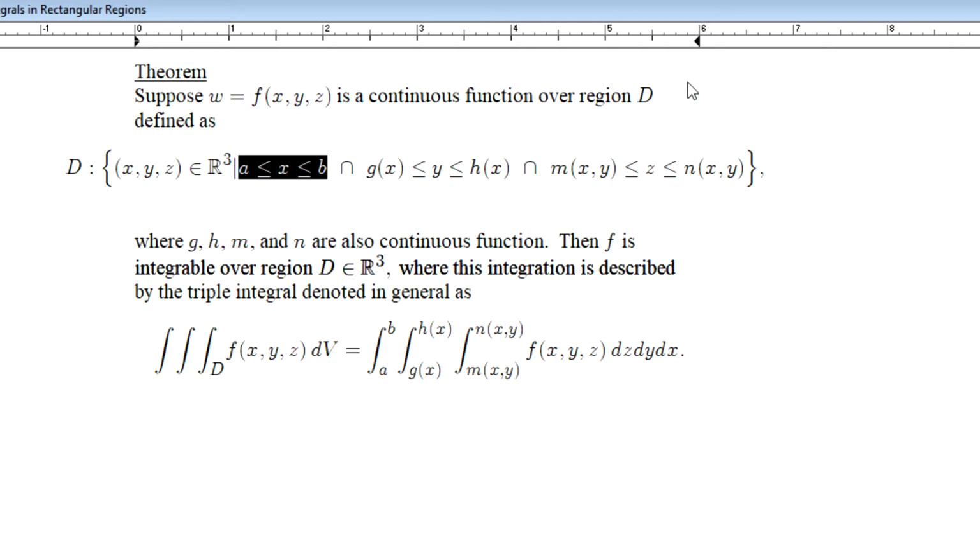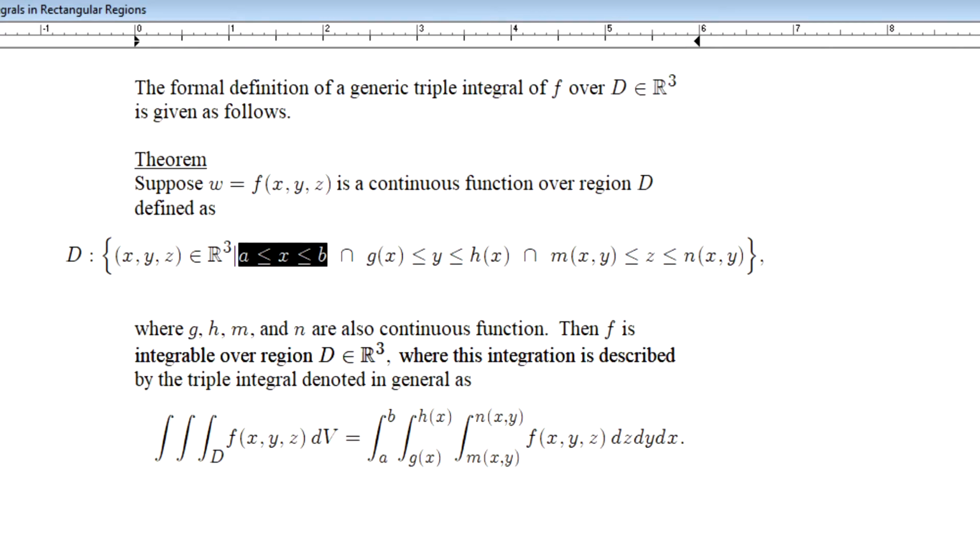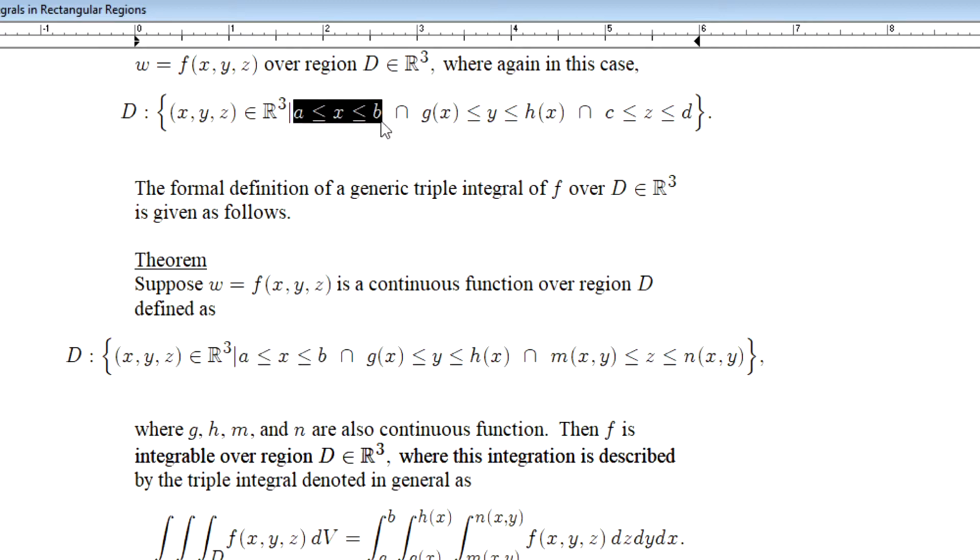All right? Which you may have noticed in the example above, not only does x happen between a and b, but z happens between a constant set of bounds from c to d. And as we saw back with double integrals, you're always going to want to end your integration on a set of constant bounds, right?